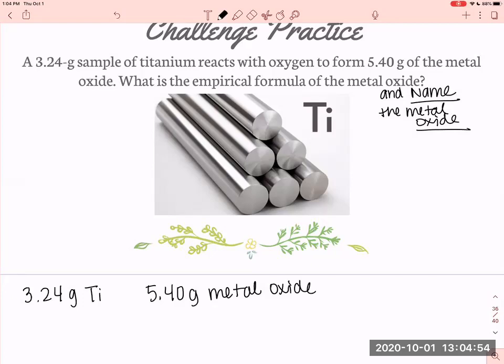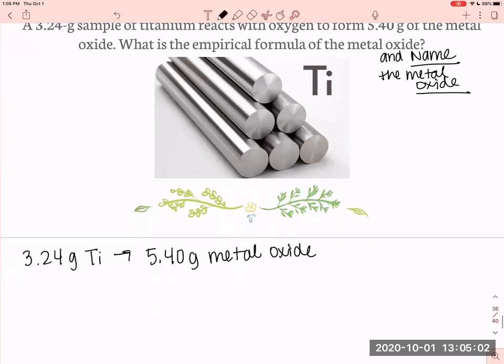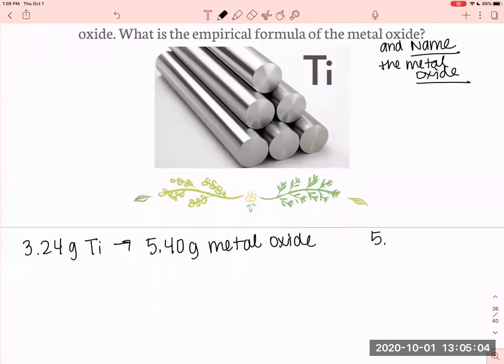So if this is the amount of oxide, how much oxygen did I put in? Well, the amount of oxygen is going to be found by subtracting. If this is the amount of titanium plus oxygen, minus the amount of titanium, well, if I subtract those, then I get the amount of oxygen.